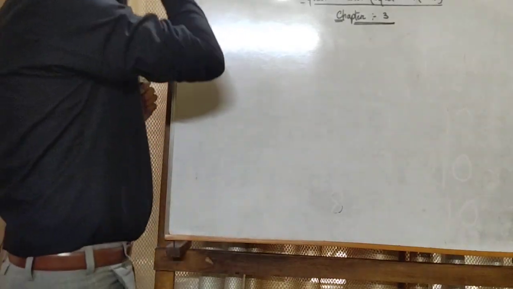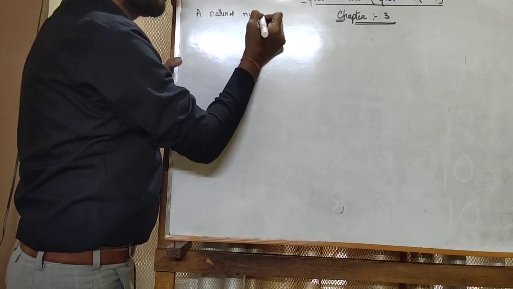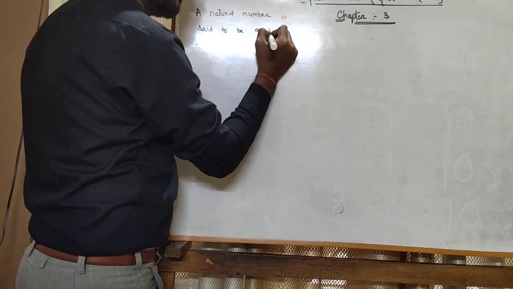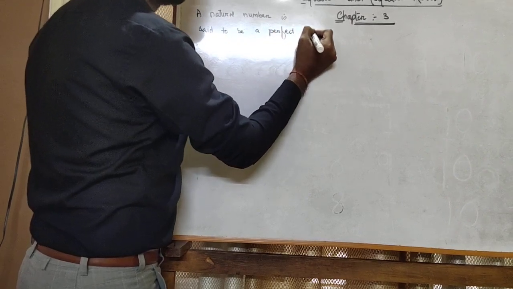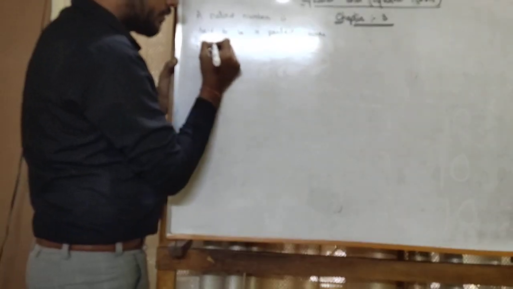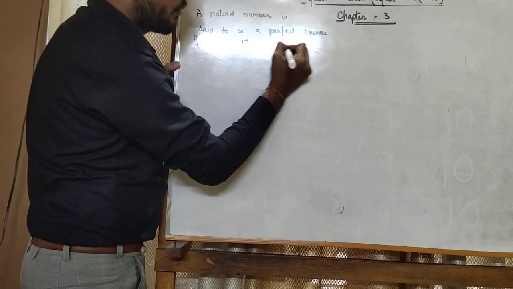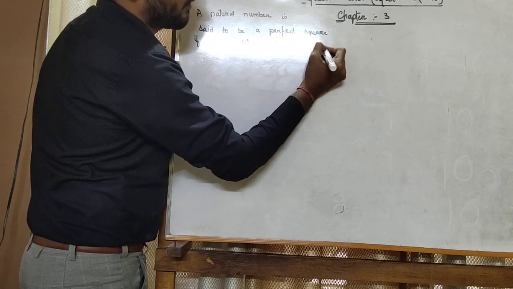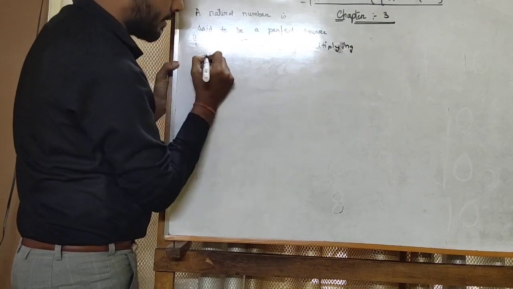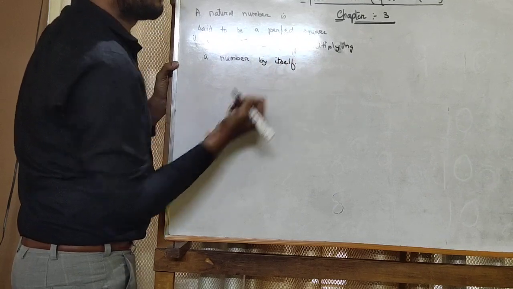A number is said to be a perfect square if it is obtained by multiplying a number by itself.